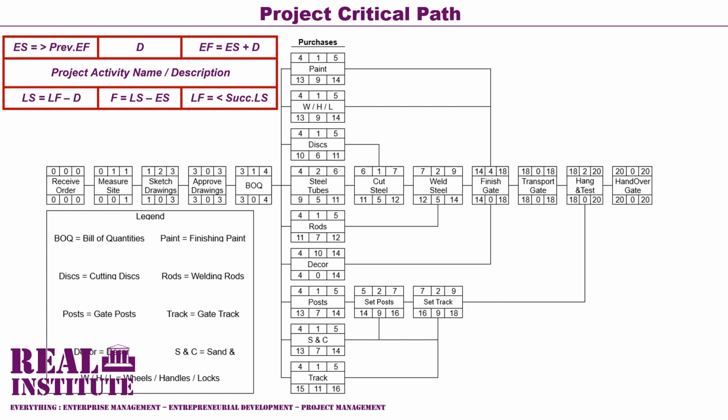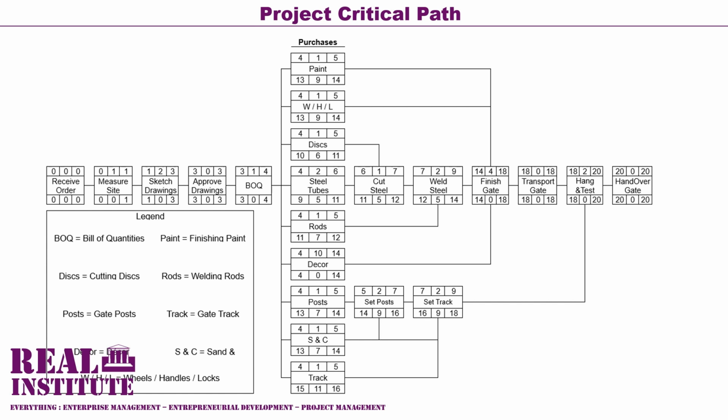Subtracting 6 from 11 yields 5. Therefore, it has a float value of 5. The last activity, handover gate, has an early start value of 20 and a late start value of 20. Subtracting 20 from 20 yields 0. Therefore, it has a float amount of 0. The same logic applies to all the project activities in the project network diagram.